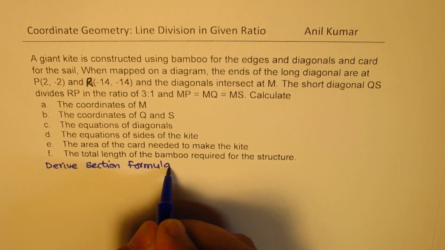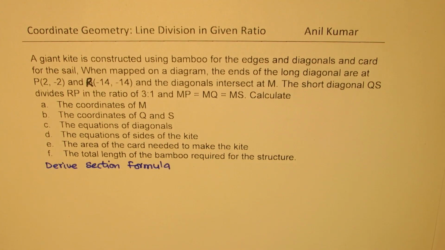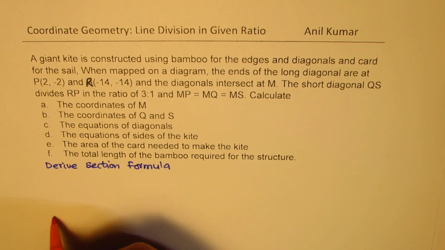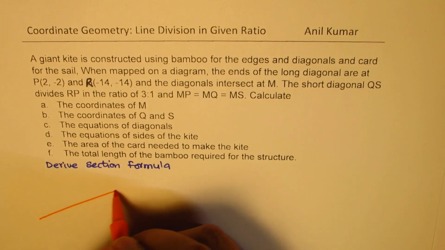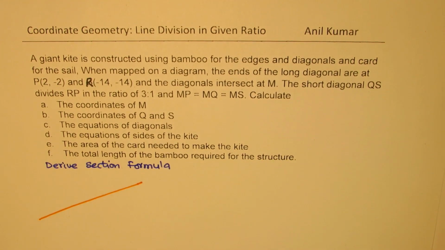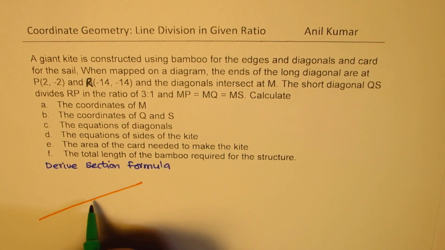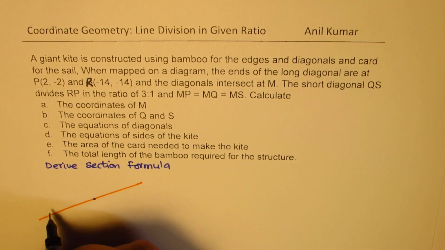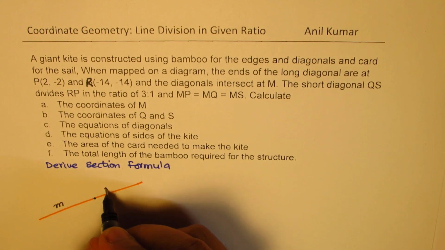When I say section formula, it really means if I have a line, let me just draw a line here. Let us say there is a particular point here which divides this line in the ratio of m is to n, where this portion is m and that is n.